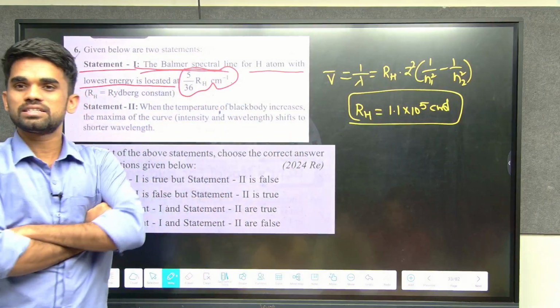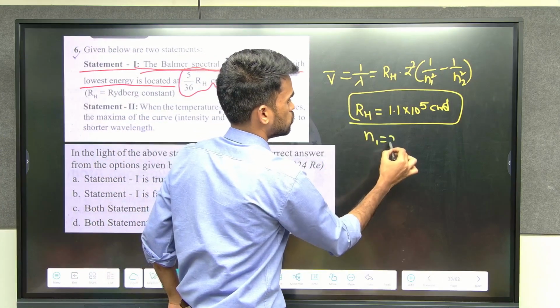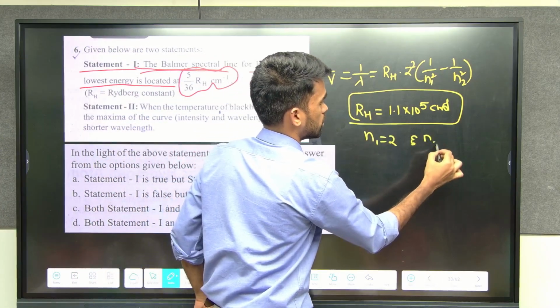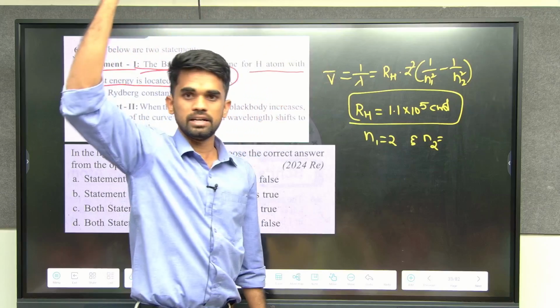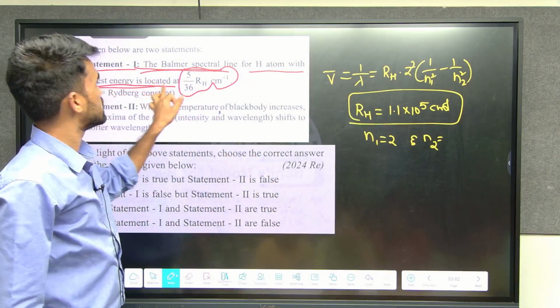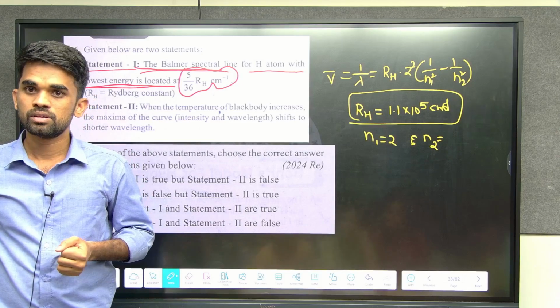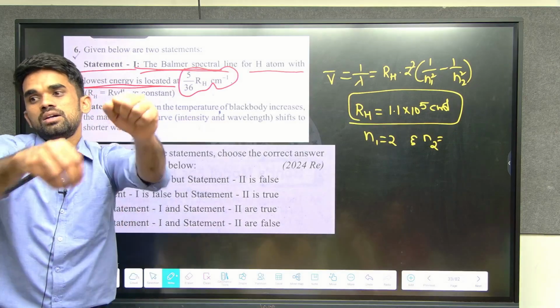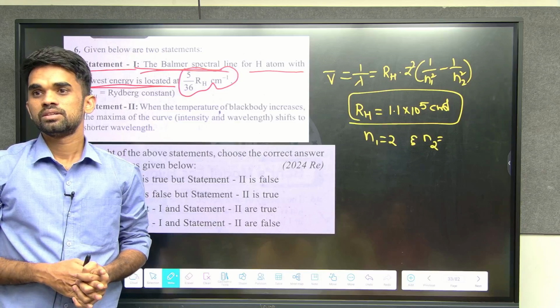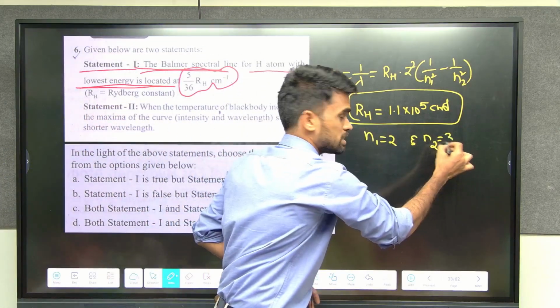N1 should be 2 and N2 can be anything greater than that. Okay. Now see what they are saying. Lowest energy. What is the lowest energy for Balmer series? 3 to 2. Everyone got this what we are discussing?